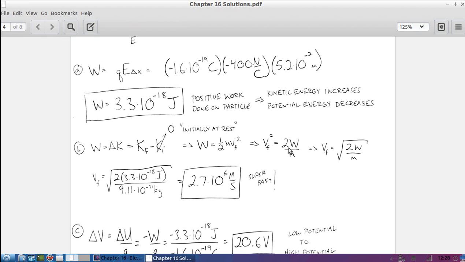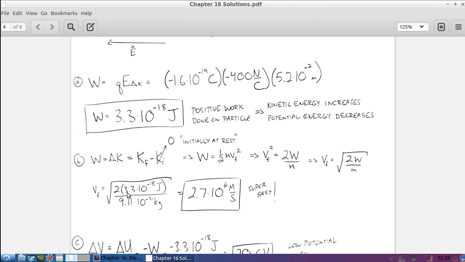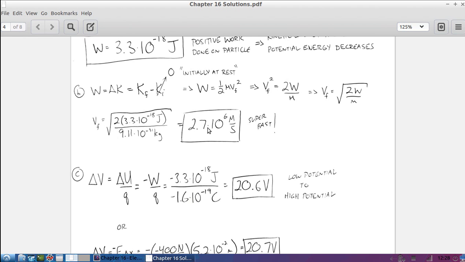Multiply both sides by 2, divide both sides by the mass, take the square root of both sides. I've got a nice expression for the final velocity of the particle in terms of quantities I know. So I can substitute my value in for the work, substitute the mass in. Don't forget to take the square root. I forget that. 2.7 times 10 to the 6 meters per second.